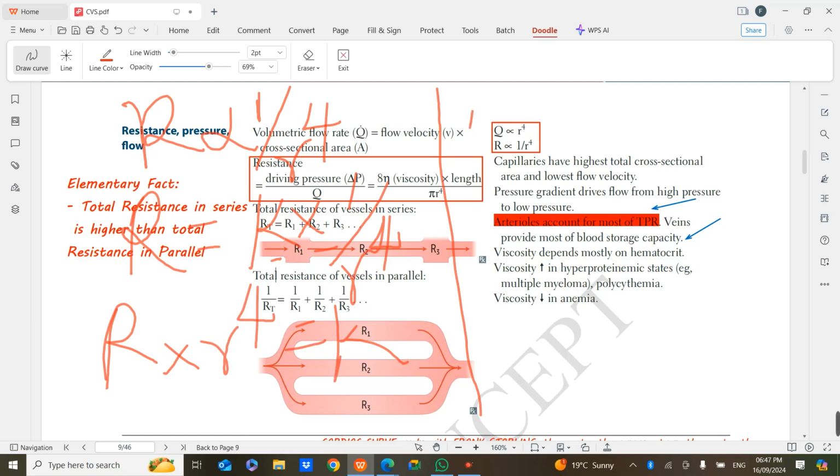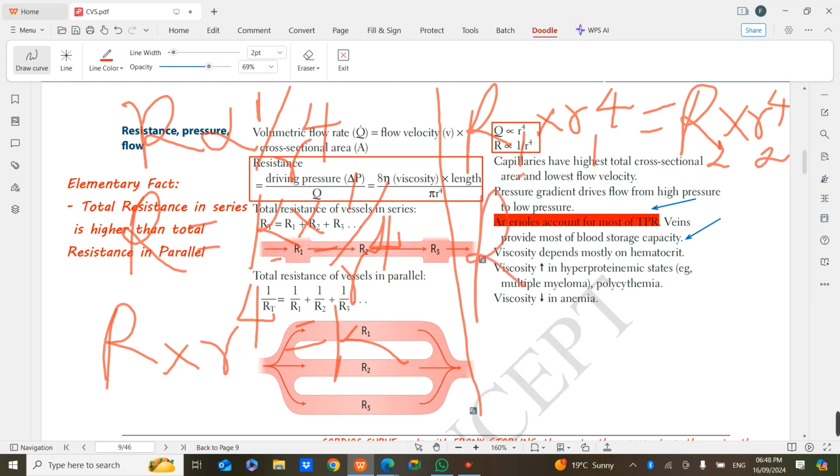What does this mean? My resistance 1 multiplied by radius 1 raised to power 4 is equal to resistance 2 multiplied by radius 2 raised to power 4. So if the question says that the radius increases by 2, I will assume my first resistance is R multiplied by my first radius, small r, raised to power 4.